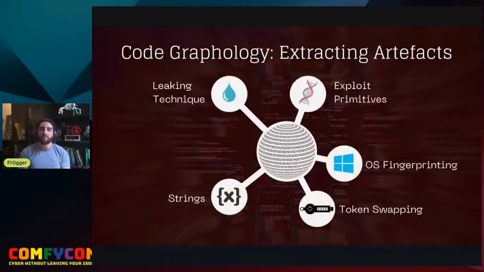All right, after this brief overview of the exploit, let's talk more about code graphology and what kind of information we can extract to build our hunting rule. So I discussed some of the techniques in the previous slide, but let me explain a bit more. In exploit development, and particularly in local privilege escalation, there are some mechanisms that are very common between multiple exploits.